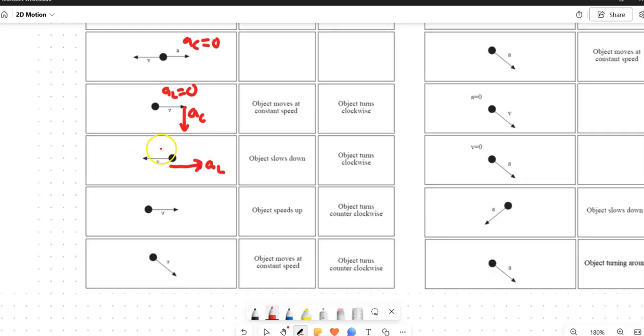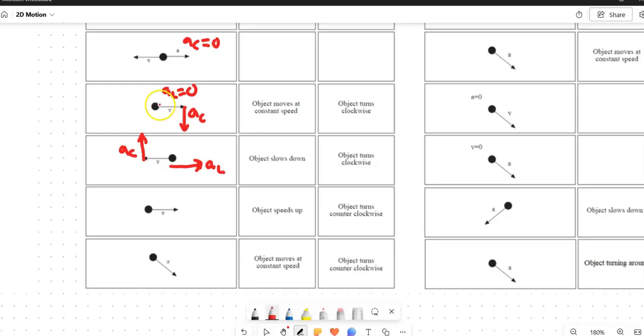That's the definition of slowing down: when the velocity and acceleration are in opposite directions. But for it to turn clockwise, if you're moving to the left, for you to begin turning clockwise, somebody has to start pushing you up at that instant. Again, when an acceleration vector is perpendicular to your velocity vector, that is going to turn you clockwise or counterclockwise.